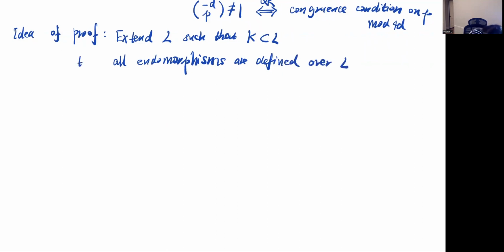Thus, all endomorphisms are defined over L.